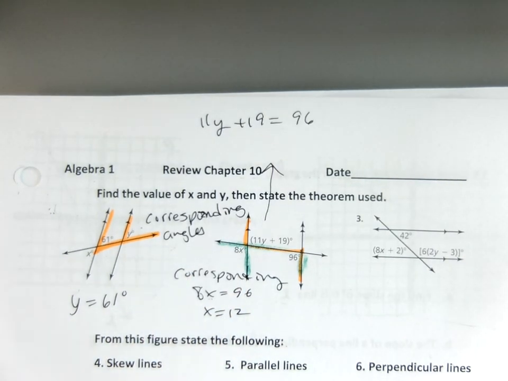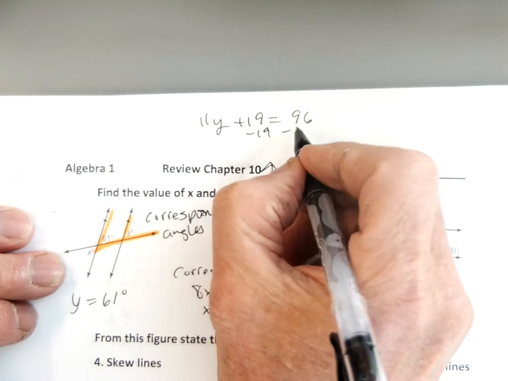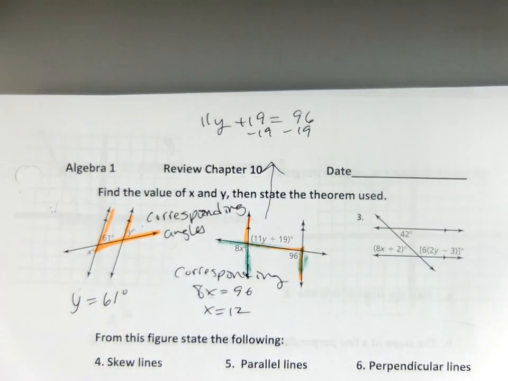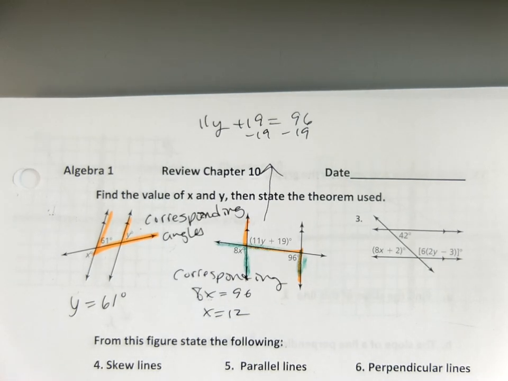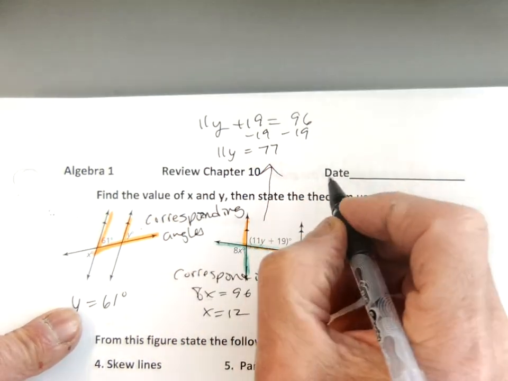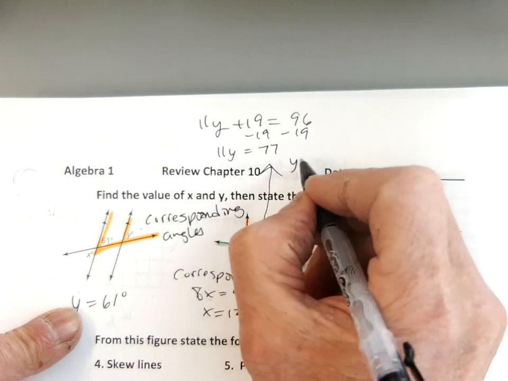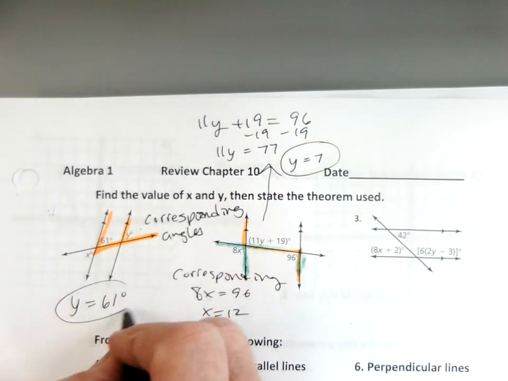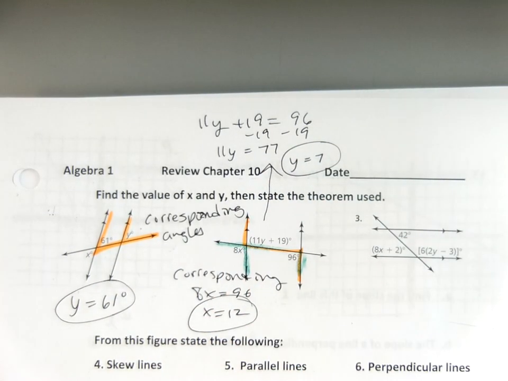And then minus 19, I need a calculator for that. 96 minus 19, 77. Divide by 11, and y is 7. How's that?